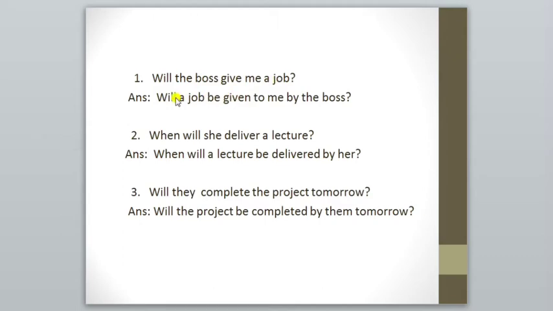Now, will, the auxiliary verb, a job, the direct object: will a job be, don't forget this in simple future tense, be given to me by the boss. Will a job be given to me by the boss?